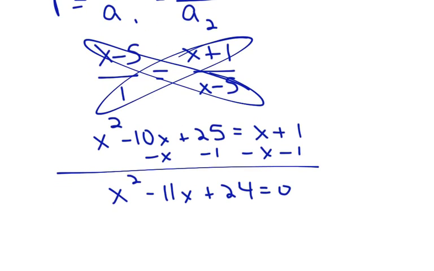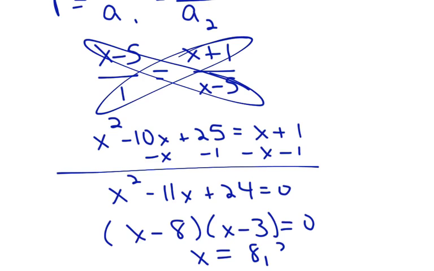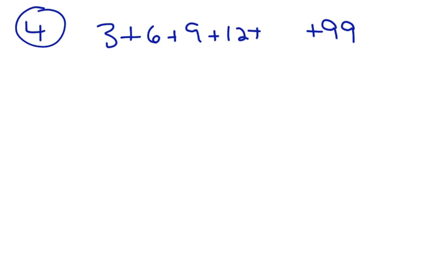For this particular case, I claim that this particular trinomial is easy to factor. The two numbers that multiply to give you 24, but add to give you negative 11 are negative 8 and negative 3. So x must equal 8 and 3. Either of those numbers, if plugged into that sequence, will make this a geometric sequence.